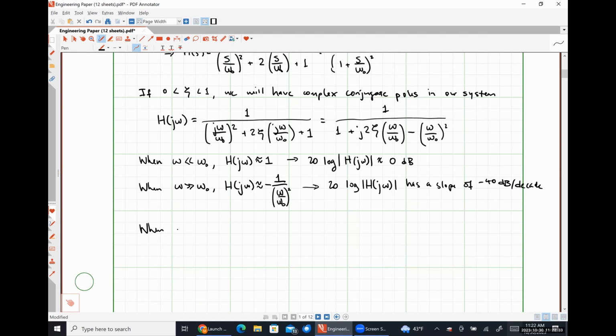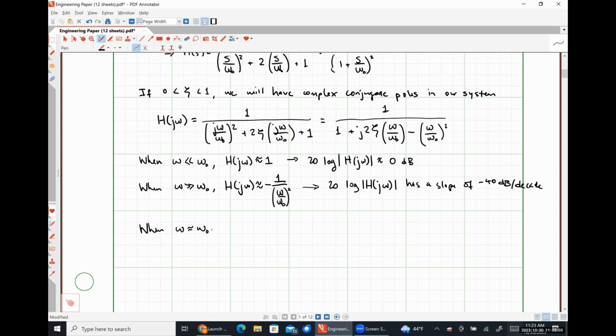So now, let's talk about what's going on when omega is approximately equal to omega naught, or for our case, exactly equal to omega naught. So when omega is equal to omega naught, this term right here would be omega naught over omega naught squared. So that's just going to look like 1. 1 minus 1 is 0.